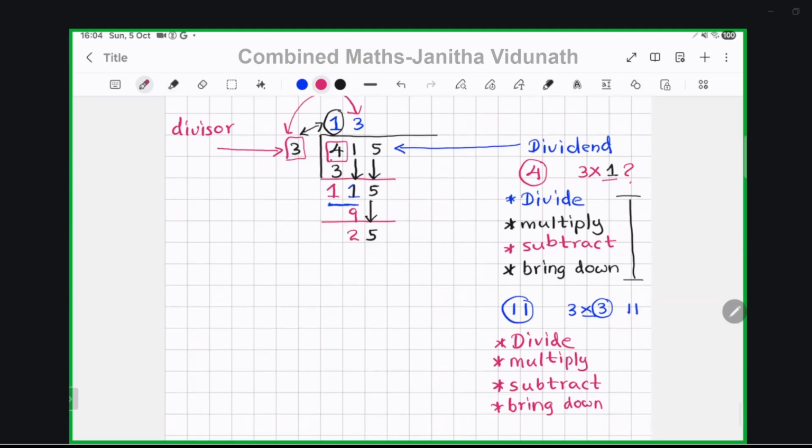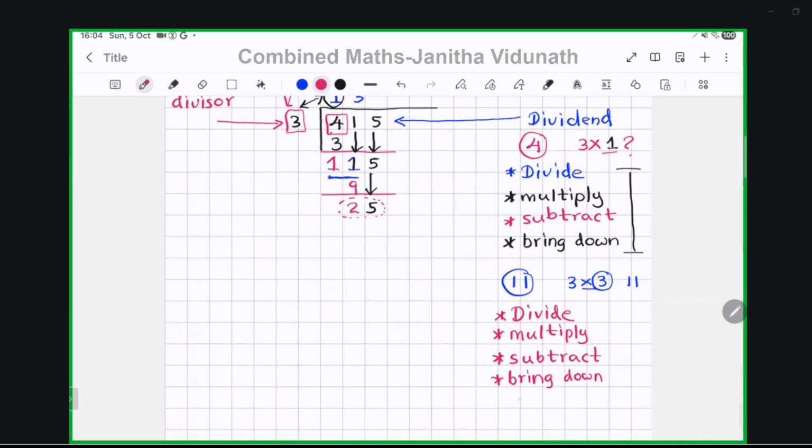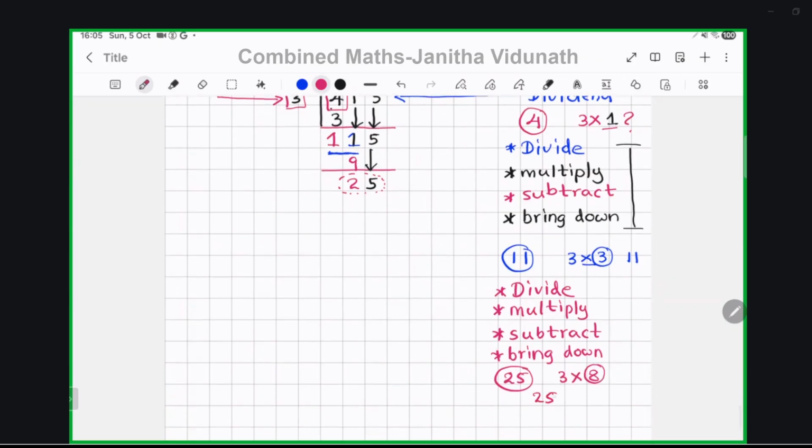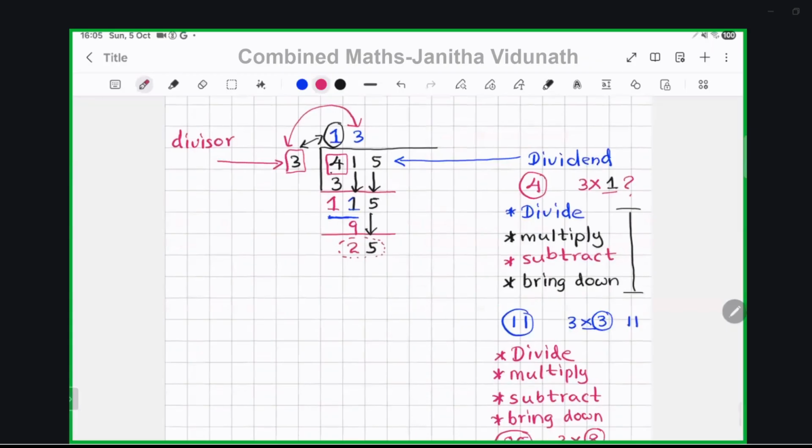Okay. Again, if this number can be divided by 3, then we need to repeat the same process. Now we need to find how many threes are there in 25. We already know there are 8 threes inside the 25. That means we simply divide 25 by 3 to find how many threes there are.